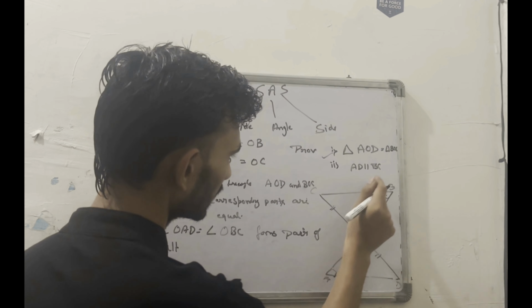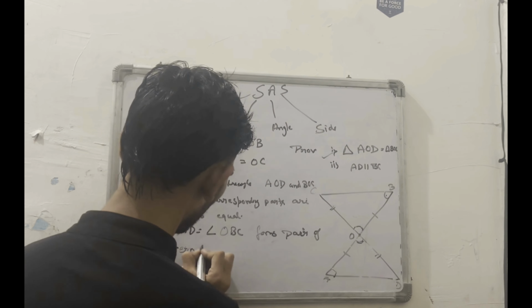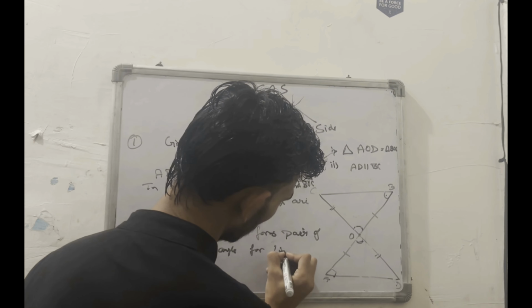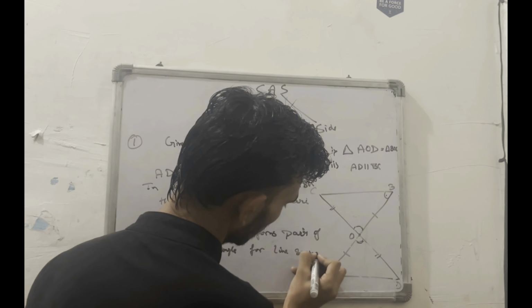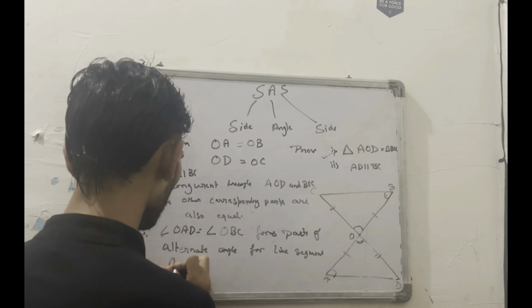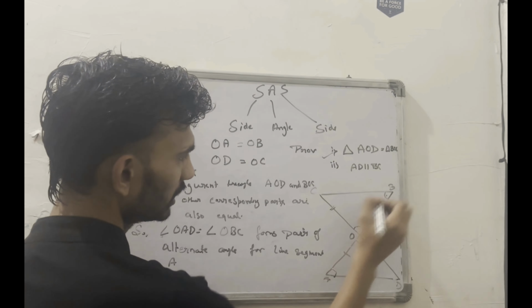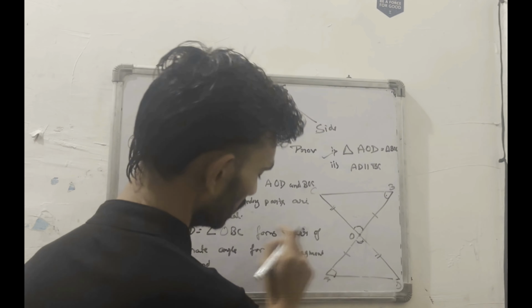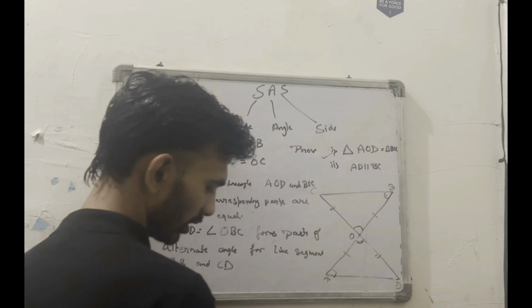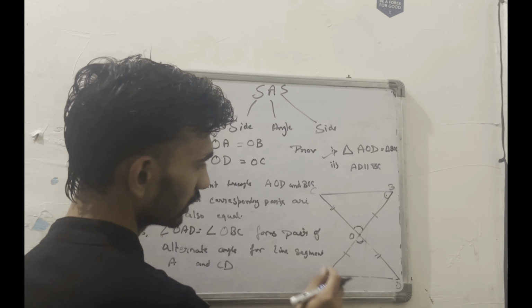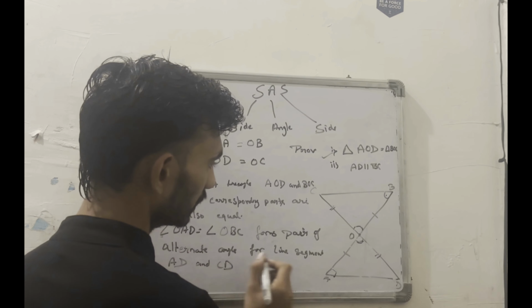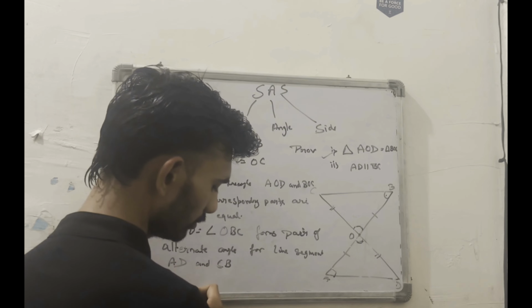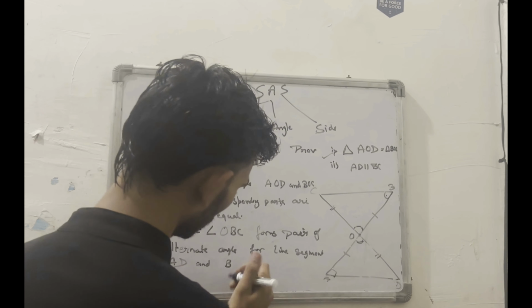These are alternate angles for the line segments, line AD and CB, or your BC.